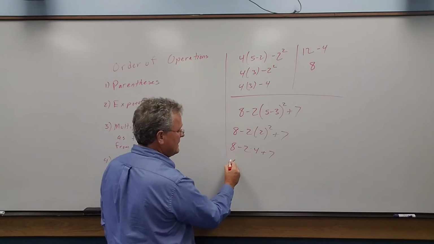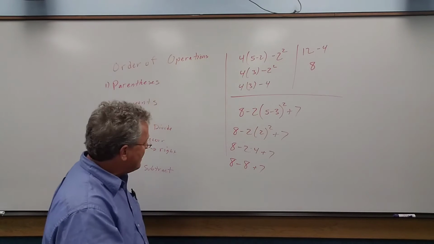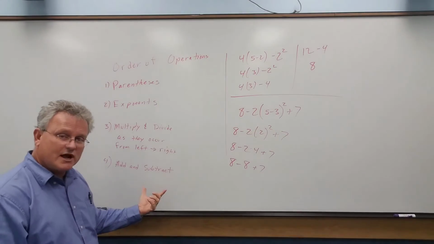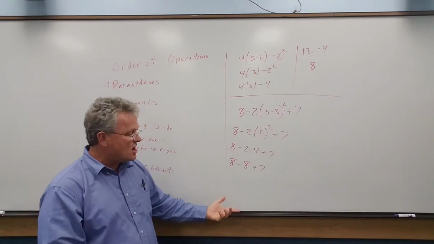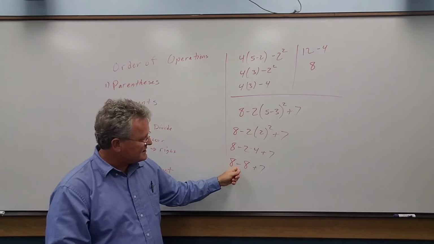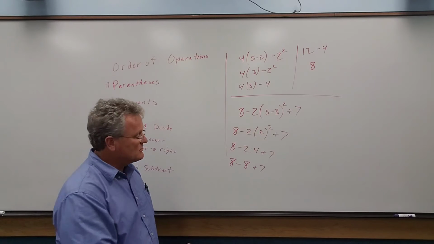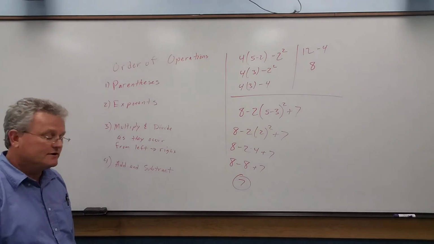So we get 8 minus 8 plus 7. And now we're just left with adding and subtracting. You shouldn't do that at all until your last step. 8 minus 8 is 0, and 0 plus 7 gives us 7. So there's the answer to that one.